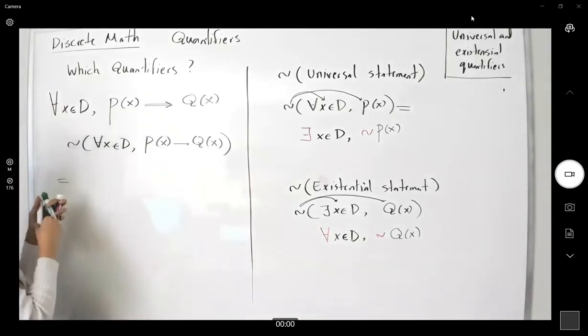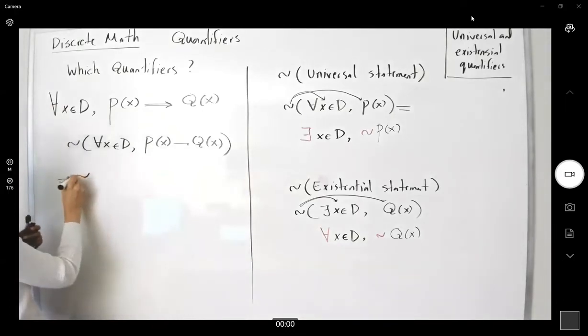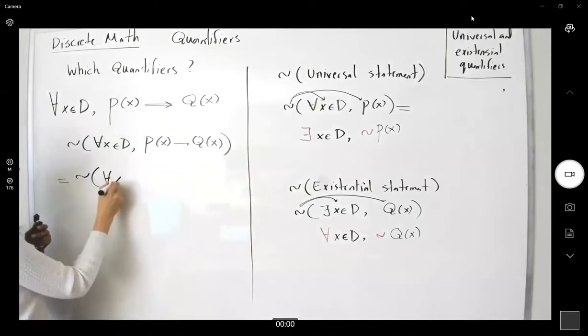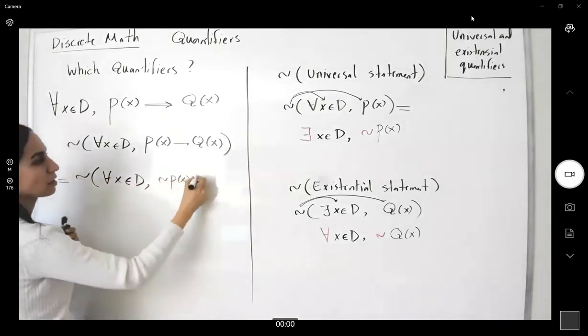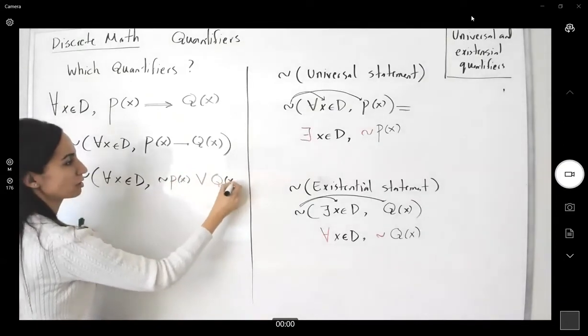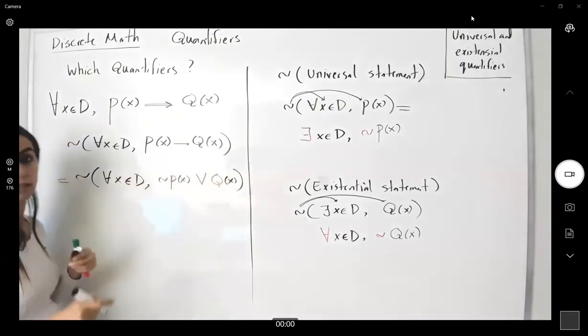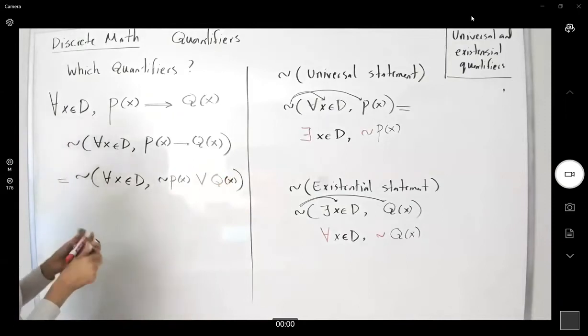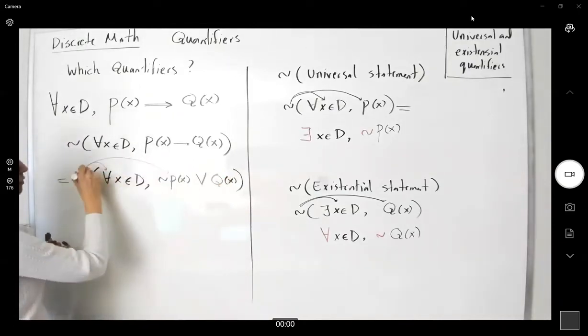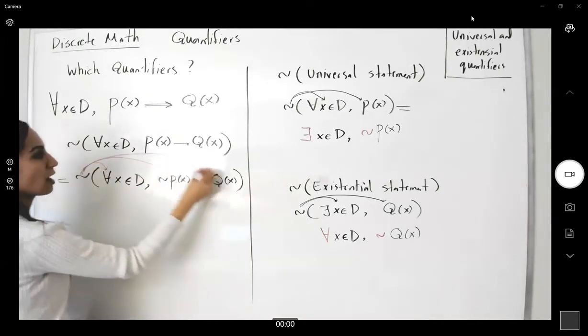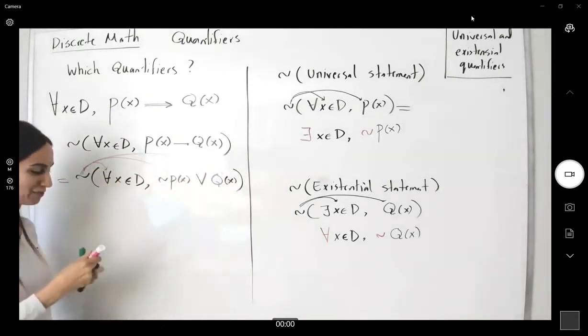So it's going to be the negation of parentheses for all x in D, not Px or Qx. Then we distribute the negation. The negation of for all, the negation of each of these elements here.